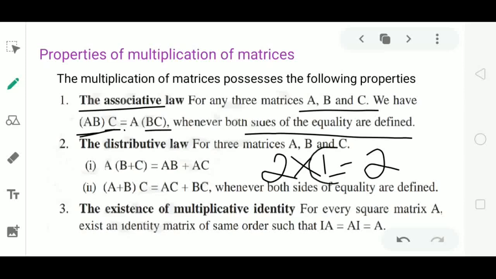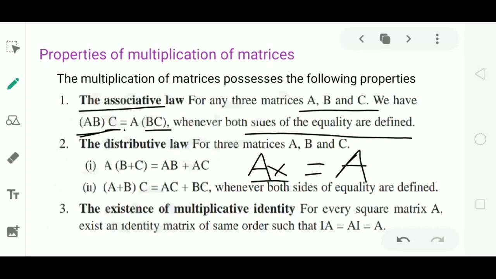Hence here we conclude that 1 is the multiplicative identity of the product of two numbers. Similarly, in case of matrices, multiplicative identity is a matrix on multiplying which with the given matrix A, we get the same matrix A.